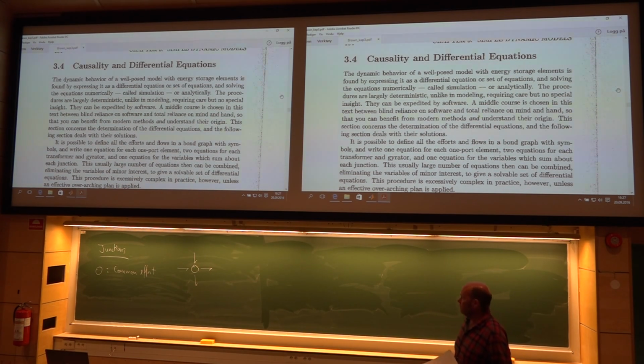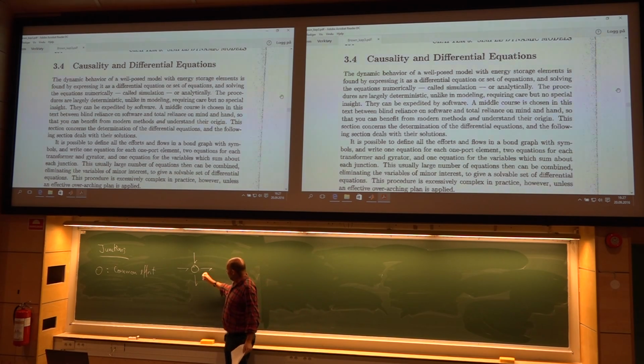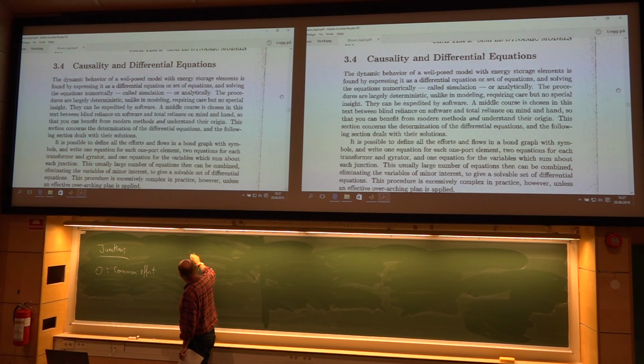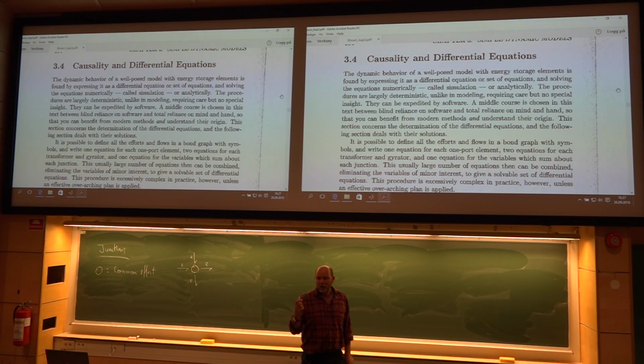Now, it's a common effort. That means the effort on all these bonds must be the same. So effort, effort, effort, effort. It's the same effort everywhere. But only one will be allowed to decide what this effort should be. Only one.